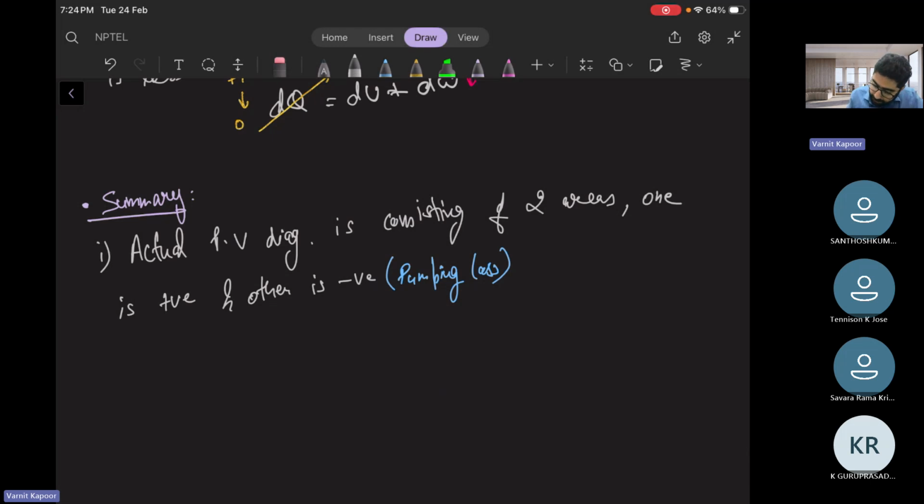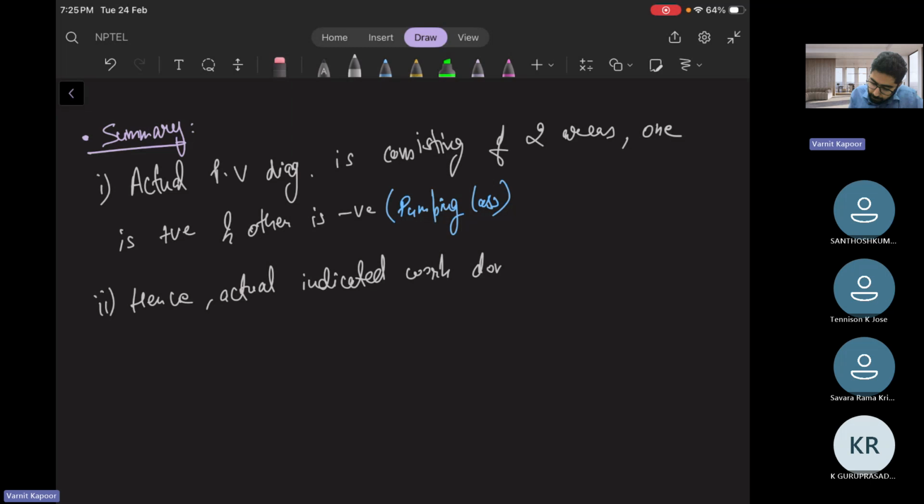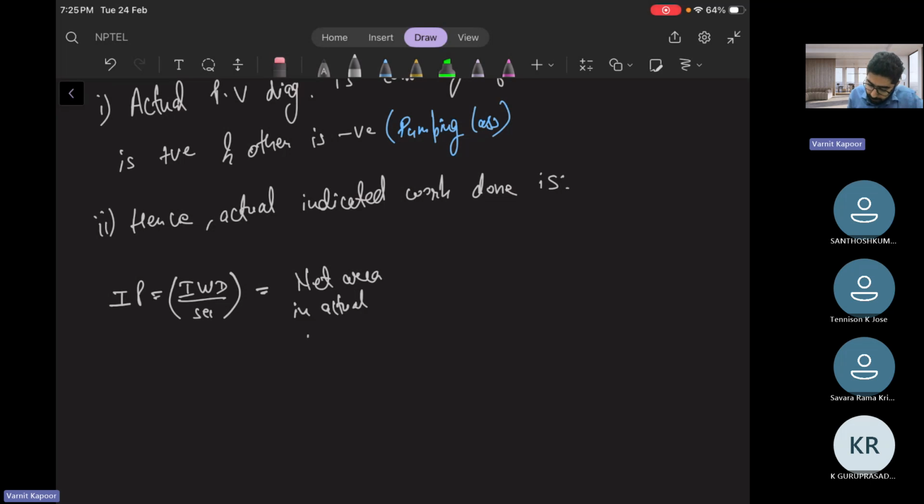Hence, we can say that the actual indicated work done, that is your indicated power, indicated work done per second, is nothing but the net area in the actual PV diagram.